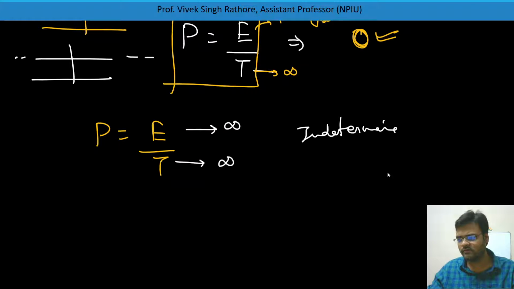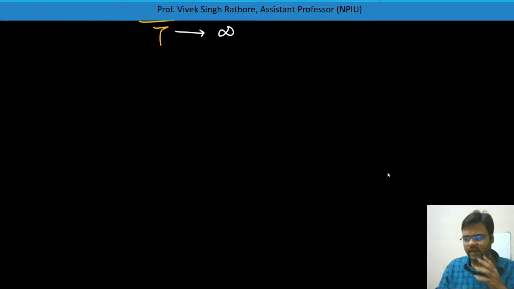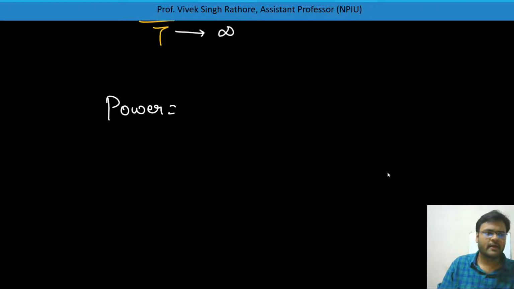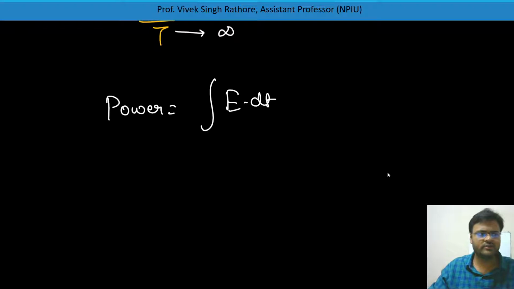And now see what we'll do, we'll apply some average value. So power we can calculate by this formula. First of all, you know E is equal to P into dt.